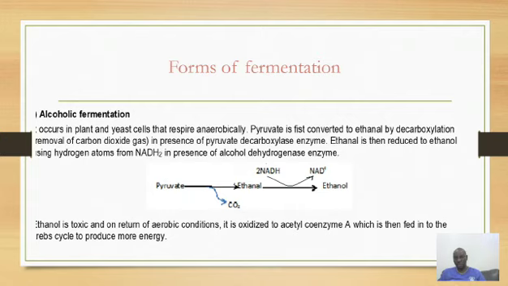What is the fate of ethanol in plant cells on return of aerobic conditions? We're noting it is oxidized to acetyl coenzyme A, which is fed into the Krebs cycle. We are going to see what happens to acetyl coenzyme A.